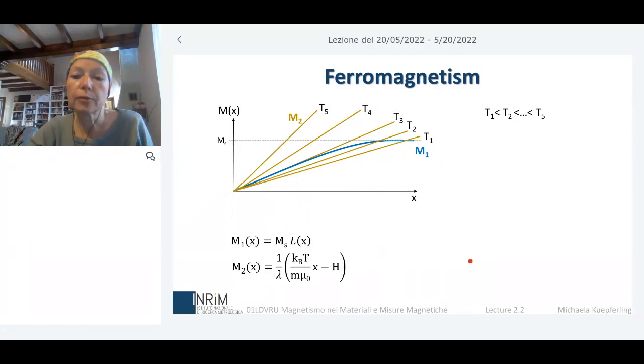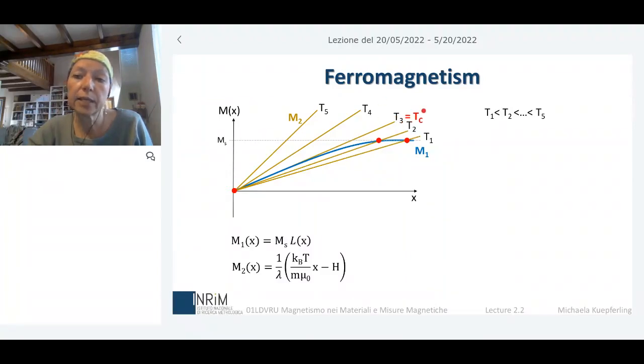And we will have certain crossings with the function m1. And these crossings depend on the temperature. They are temperature dependent. You can also see that at a certain temperature here, T3, we have a crossing only at 0.